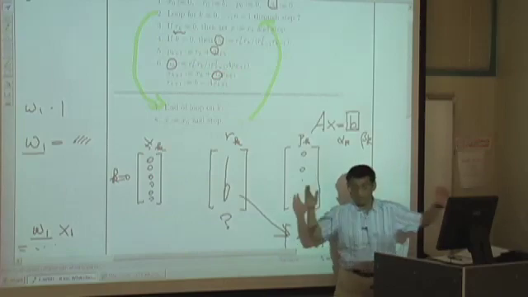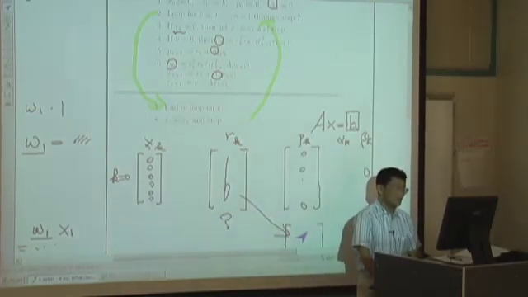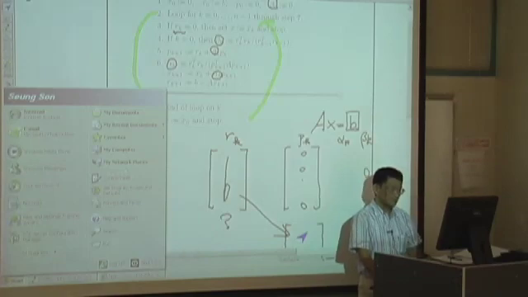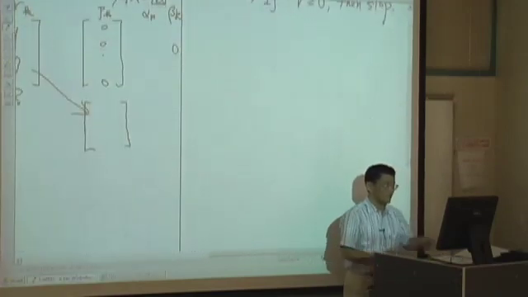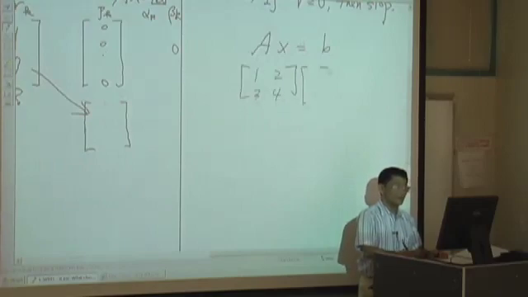So let's pick some example. Assume that the right-hand side is, so first of all, let's make up a problem, then it's easier. So we are solving AX equals B, where A is 1, 2, 3, 4, and then B is 3, 7, right?